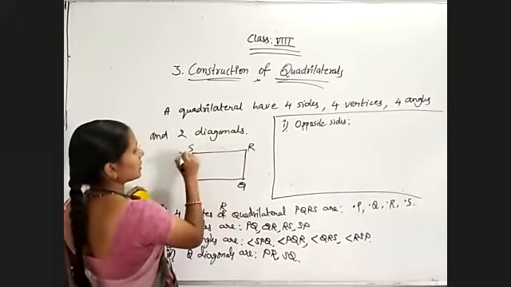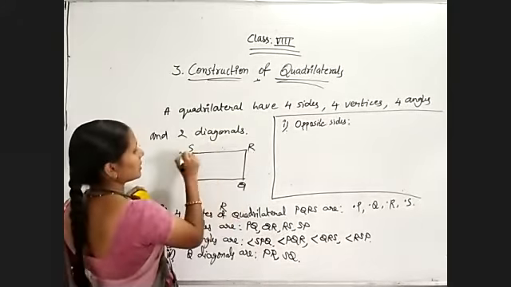Suppose I have given PQ and RS. These letters do not have any common vertex, which means these two are opposite sides. If I have written RS, SP, S is common for both the sides, which means these two are adjacent sides. In this way we can identify which are opposite sides and which are adjacent sides.